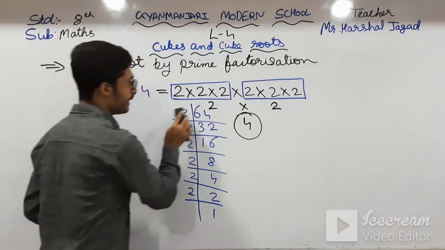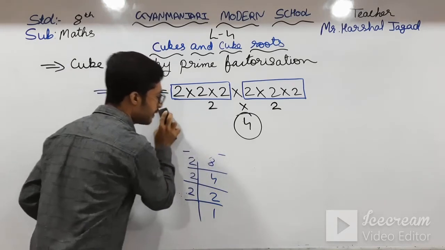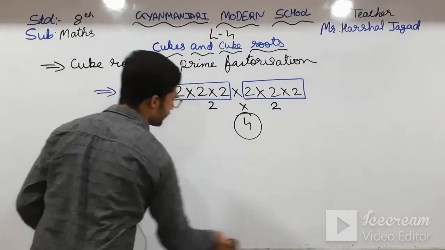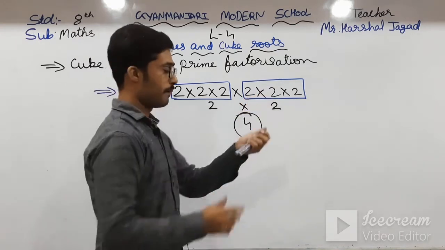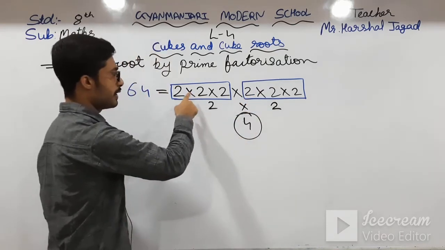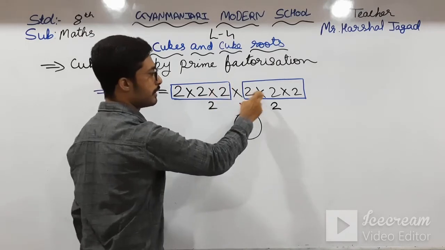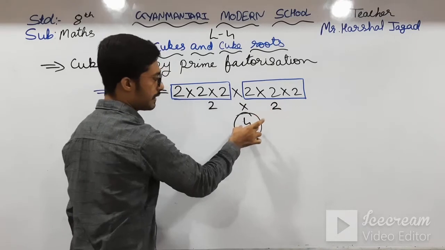First let me do it, you can make mistakes over here. By first finding the factors of 64, we get 6 times 2. So the cube of 2 is 2 into 2 into 2, and another cube of 2 is 2 into 2 into 2. So this is 2 into 2, that is 4.